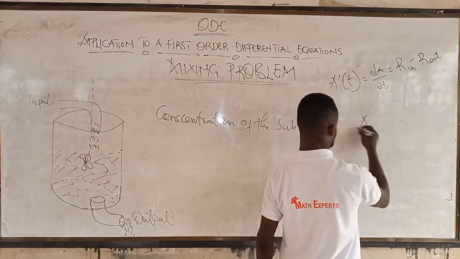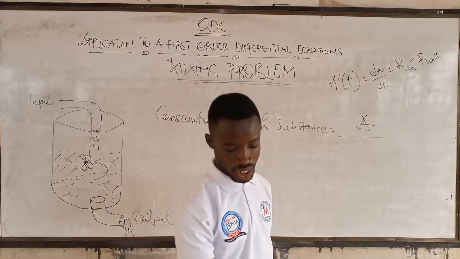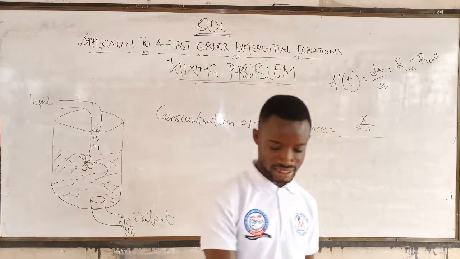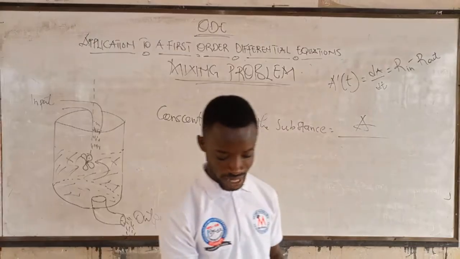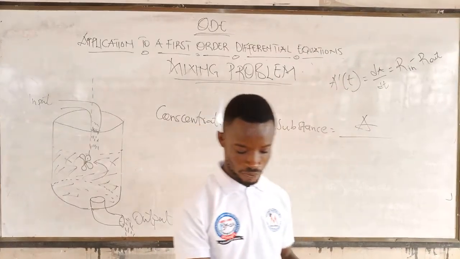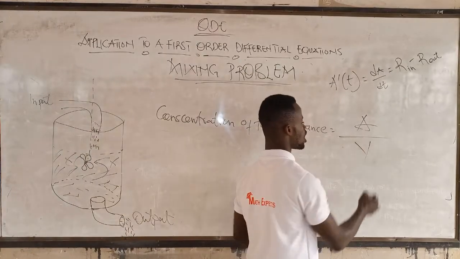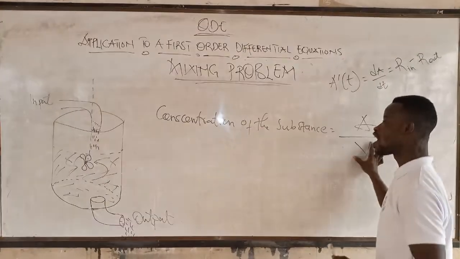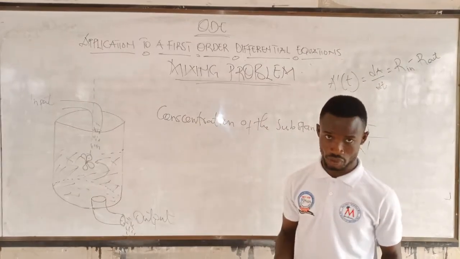So for short, it's just the amount over the volume of water in the container at any time t. The volume is the initial volume of the container that will be given to you.